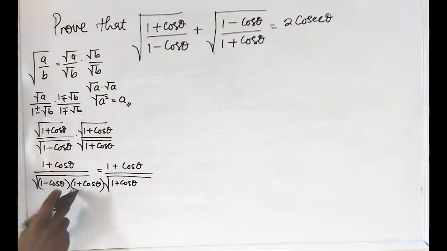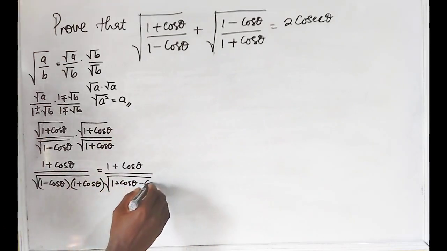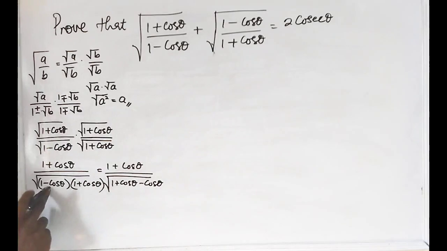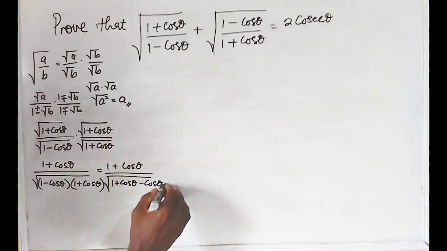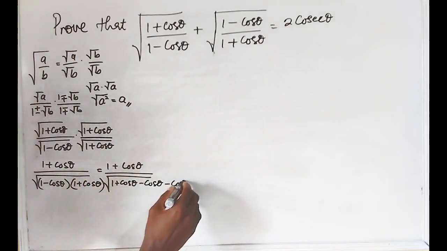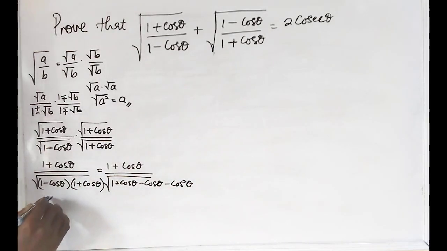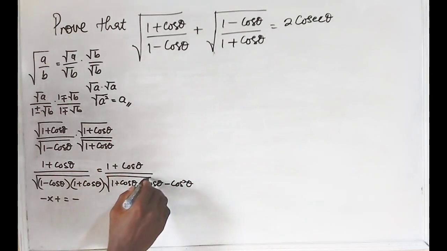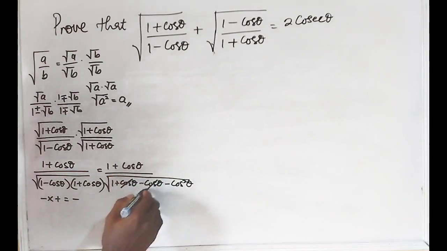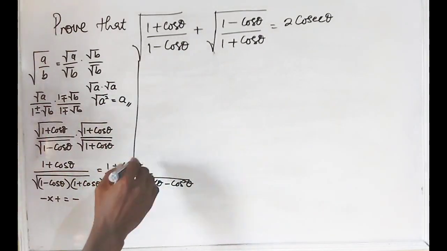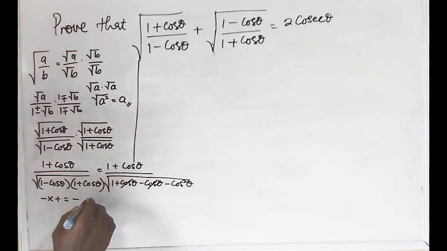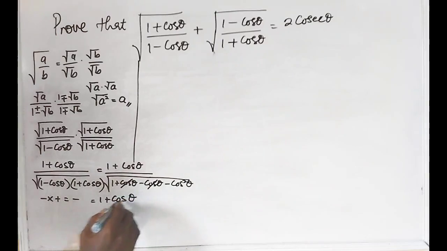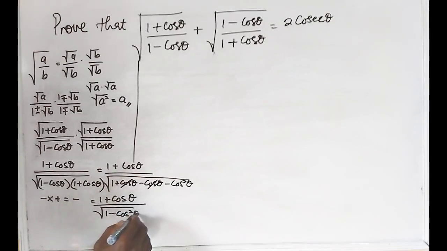Negative cos theta times 1 gives negative cos theta, and negative cos theta times cos theta gives minus cos squared theta, because minus times plus gives minus. The cos theta terms eliminate each other, so we are left with 1 plus cos theta over the square root of 1 minus cos squared theta.